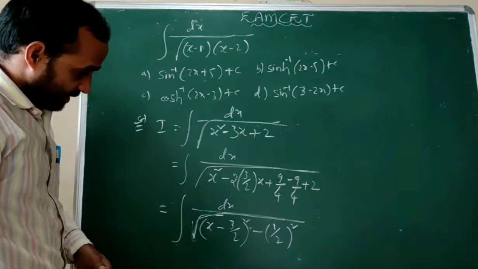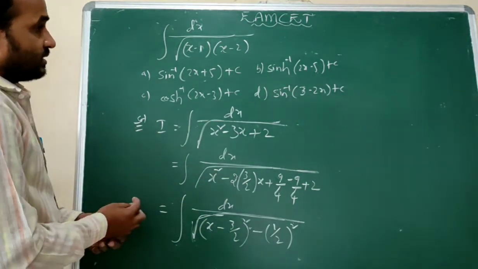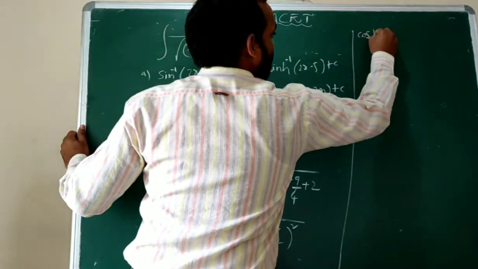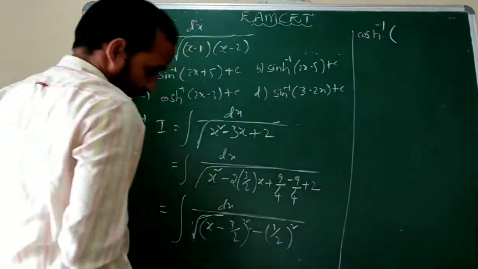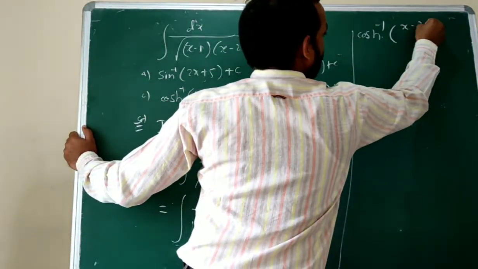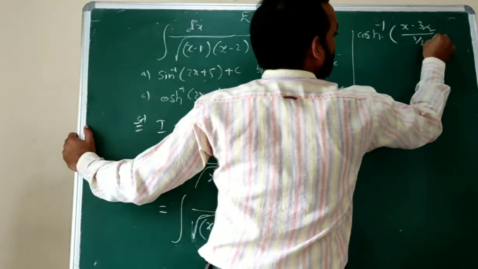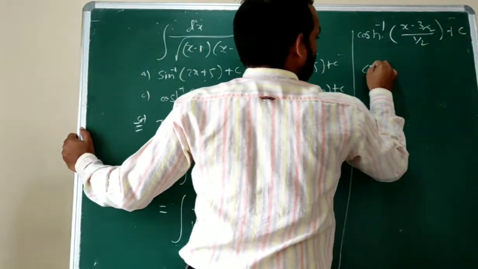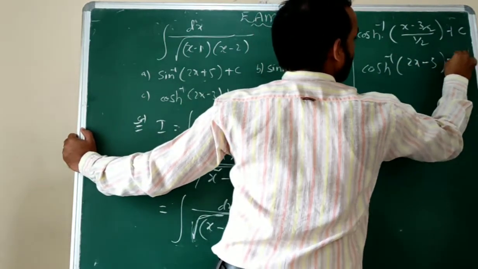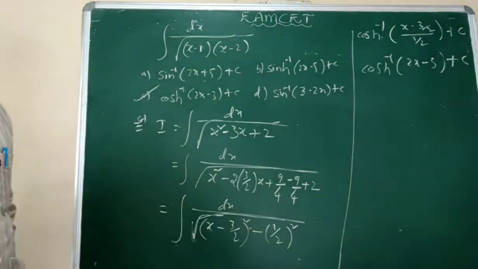What is the x square minus a square formula? That means cos h inverse x by a. Here x is x minus 3 by 2, divided by a, which is 1 by 2, plus c. That is cos h inverse 2x minus 3 plus c, the 2 cancels. So the answer is C.